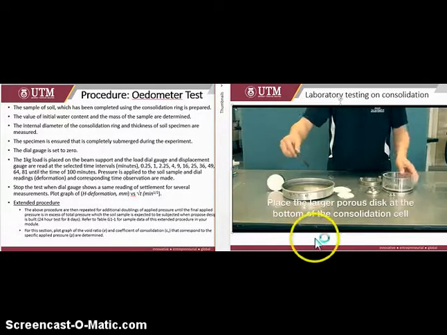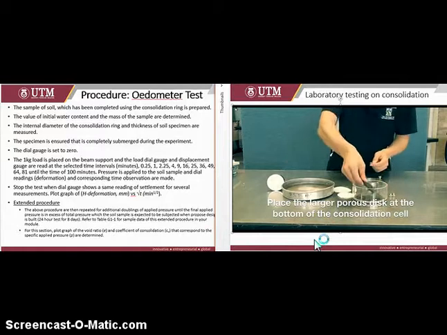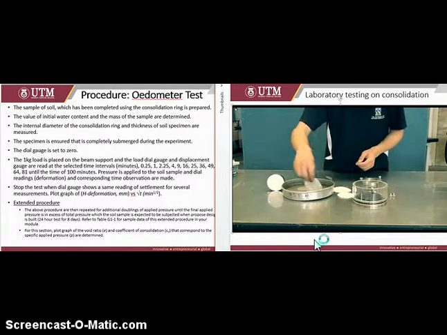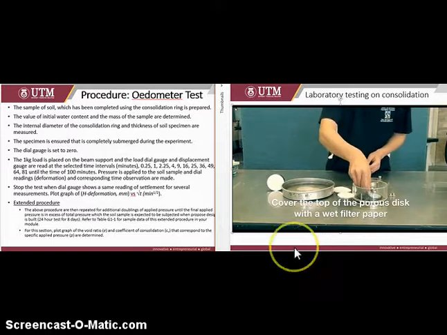Next, we need to prepare the consolidation ring, the cell pressure. First, put the porous disc and cover it with wet filter paper.